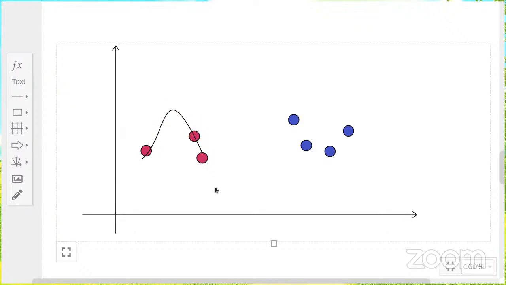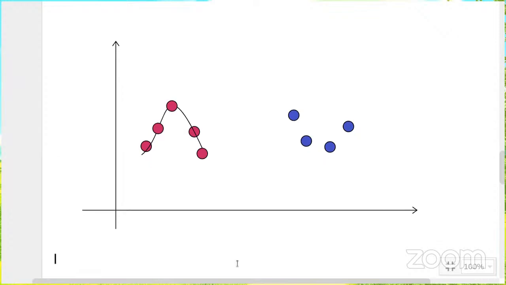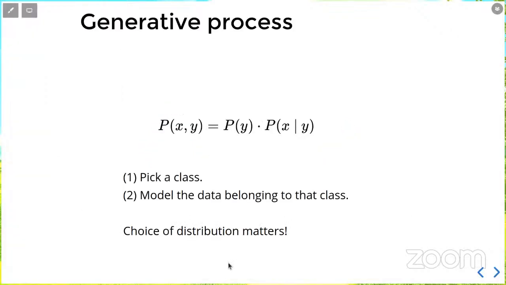Once I assume this model, I can generate more points from the model which were not given to me as a part of the data set. So for example, I can generate this point. That is the generative process in some sense. Okay, so far so good.